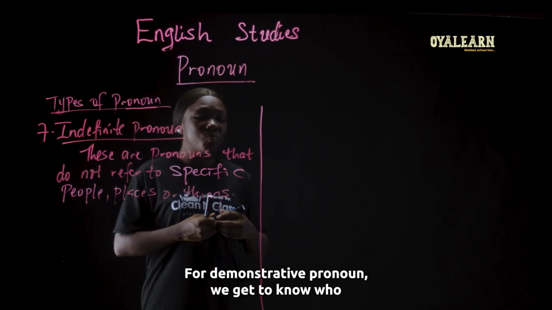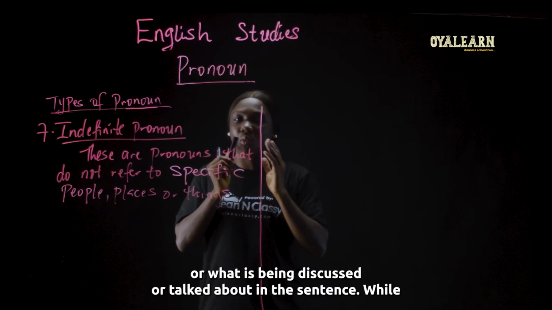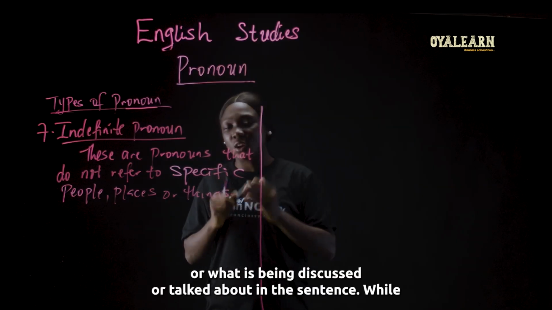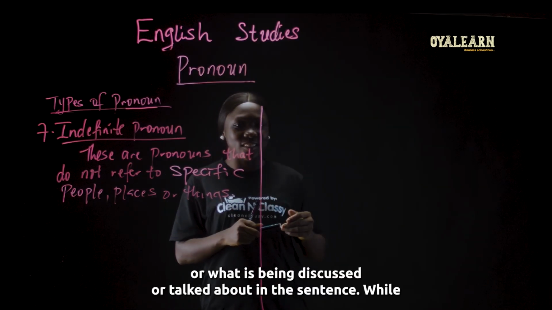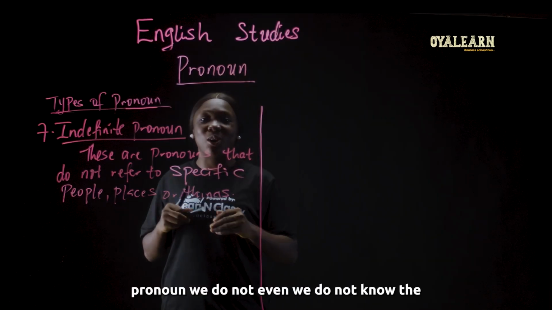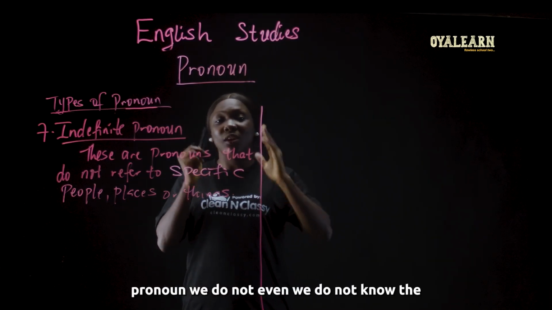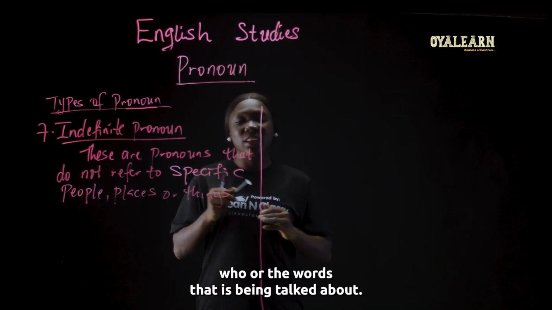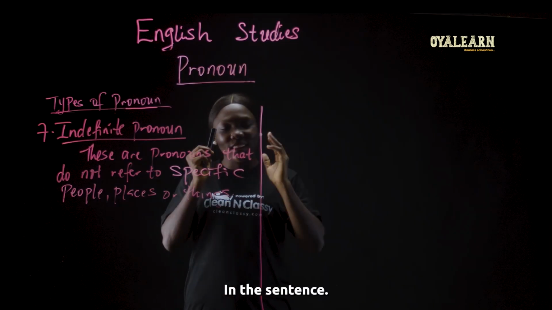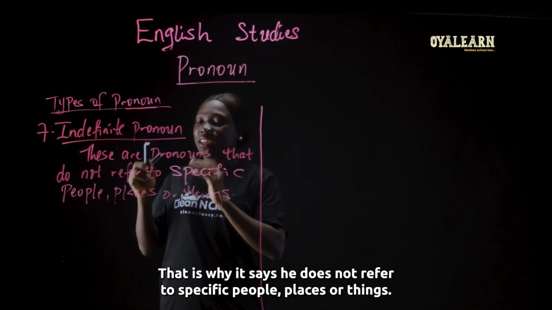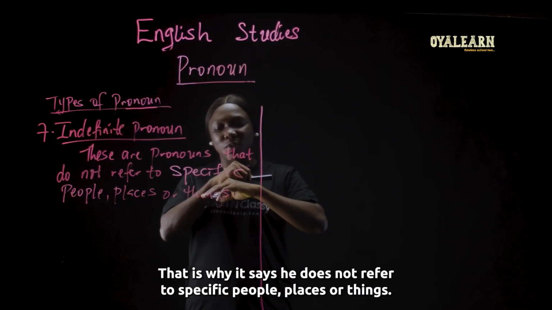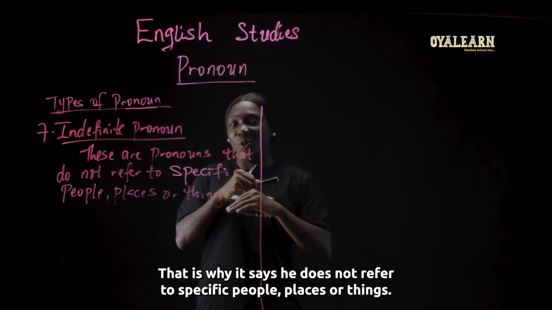For demonstrative pronouns, we get to know who or what is being discussed or talked about in the sentence. While for indefinite pronouns, we do not know the who or the what that is being talked about in the sentence. That is why it says it does not refer to specific people, places, or things.